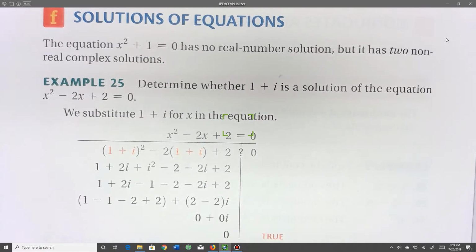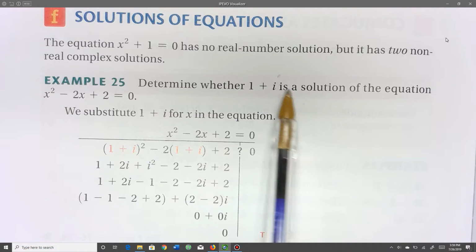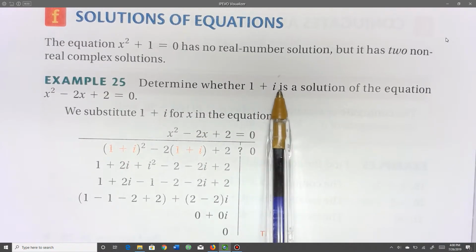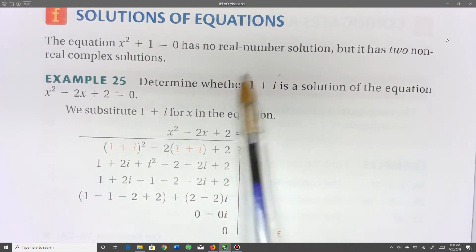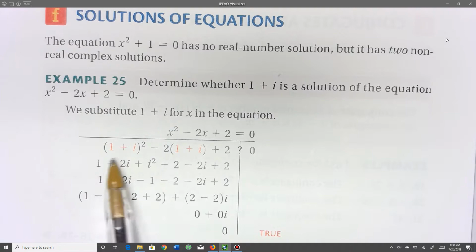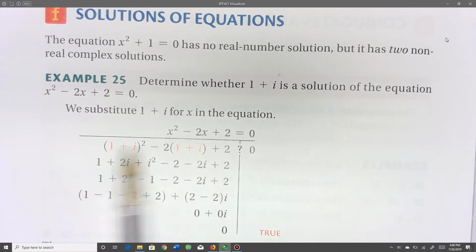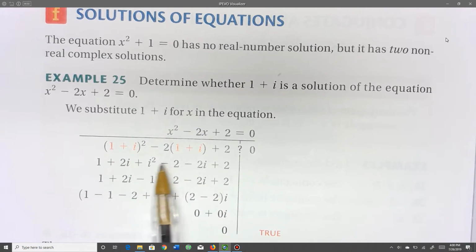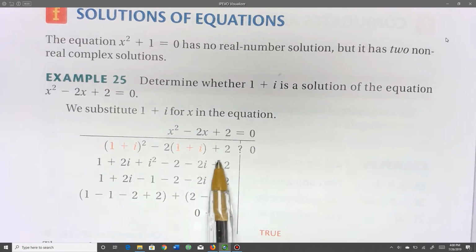All it is is substituting into the equation the value they give you, to determine whether 1 plus i is a solution of the equation. Well, all you have to do is plug in the values, perform the operations, do multiplication, addition, exponents, and everything. Just use the order of operations, and then you're here.